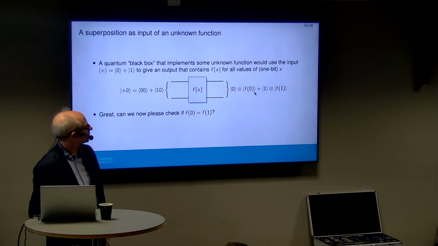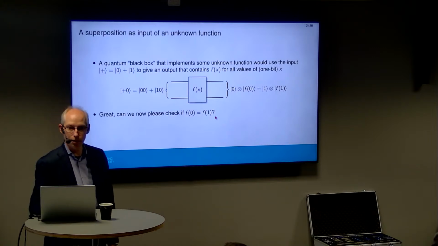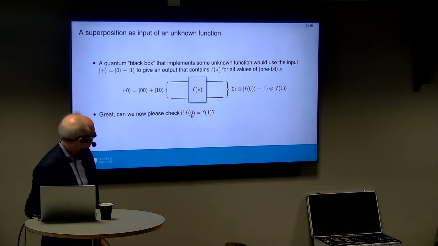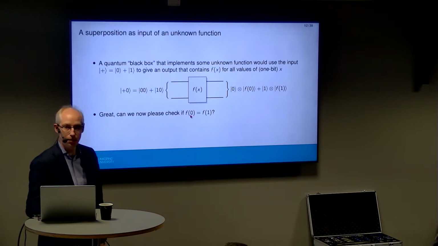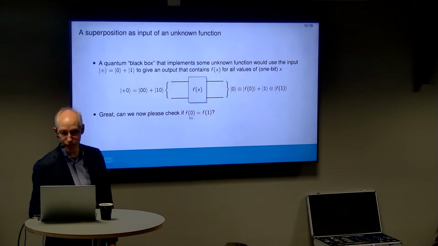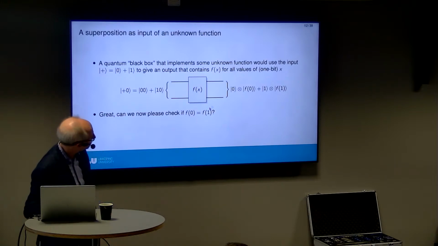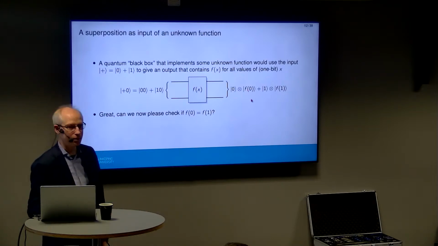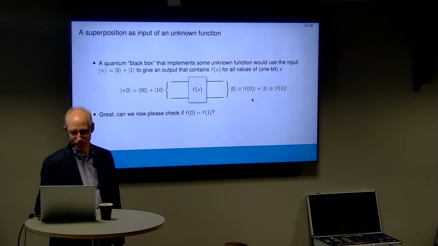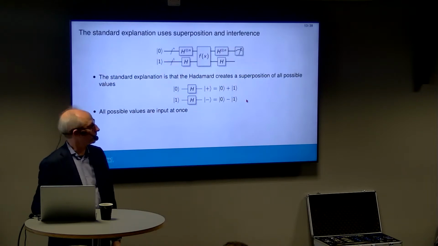I'm calculating this in parallel. Can we now check if f of 0 is equal to f of 1? That's actually the question I want to answer. Is the function balanced? Then these will be different. If the function is constant, they will be equal. I have both function values immediately here. Oh, fantastic. Well, it's not that simple.